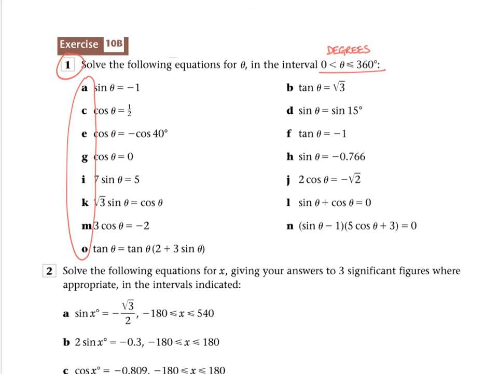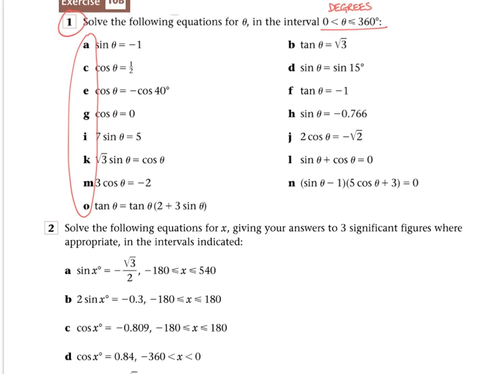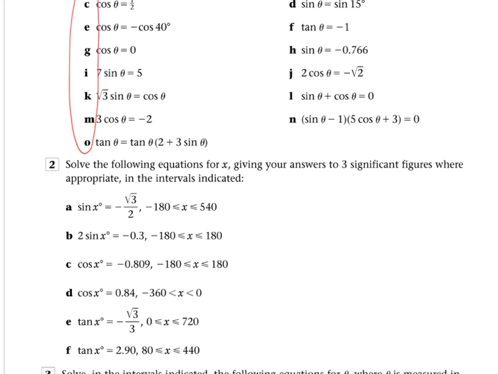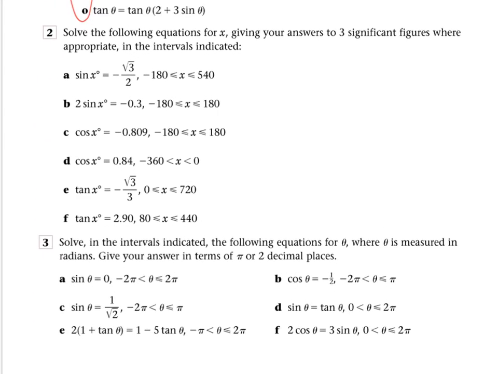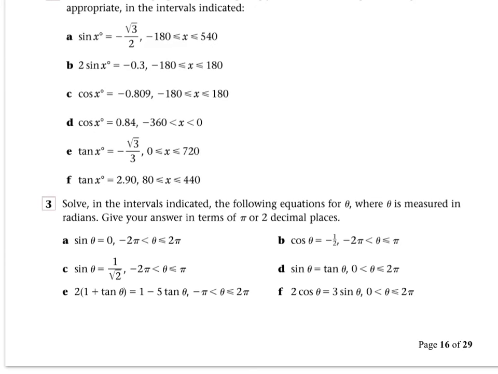Then move on, and the next one that I'd like you to try is question 3. So question 3, and this time, if you notice, all of them are working in radians. So I think if we try, I'll go for D, go for A, I'll go for C.